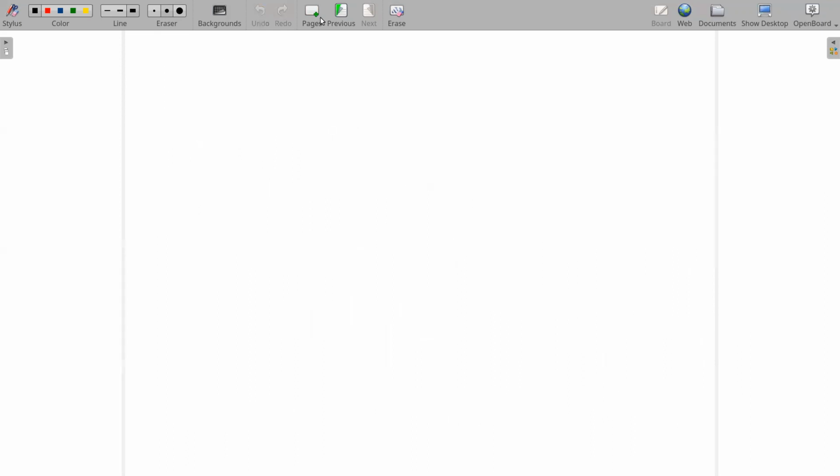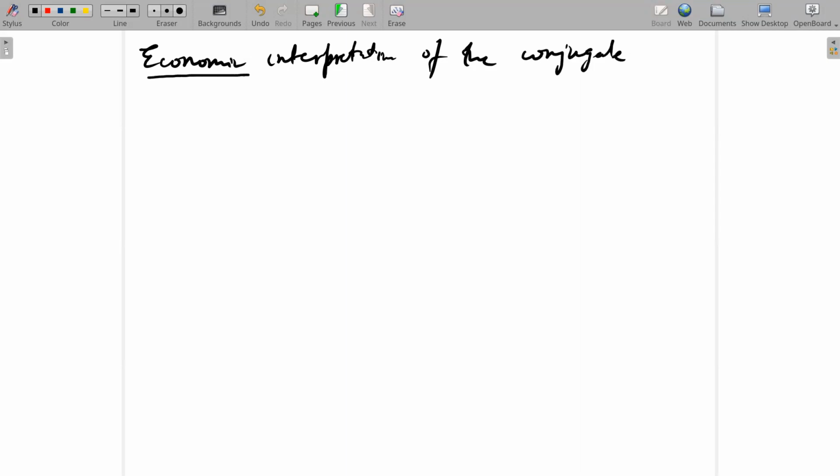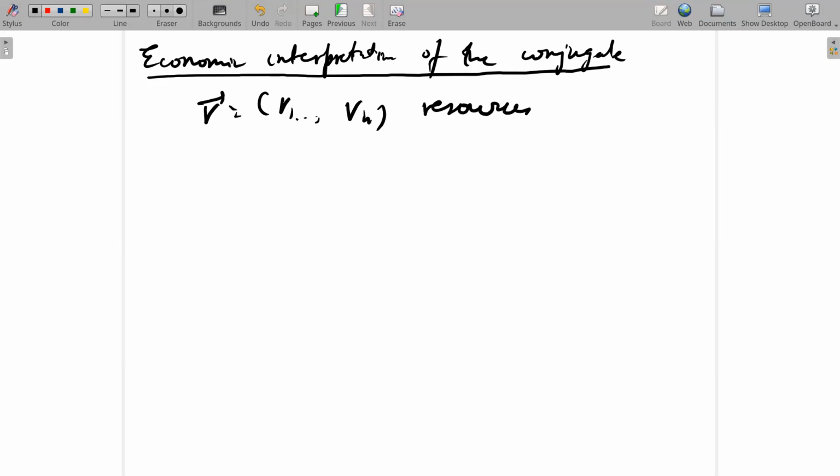All right. Now we come to the economic interpretation of the conjugate. Let's say we have certain resources R, a vector of resources R1, R2, Rn. These are the resources consumed. In our linear programming notation, it was more like B1, B2, Bn, but here I'm writing it as R1, R2, Rn.